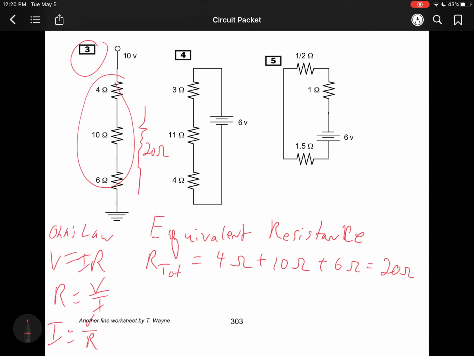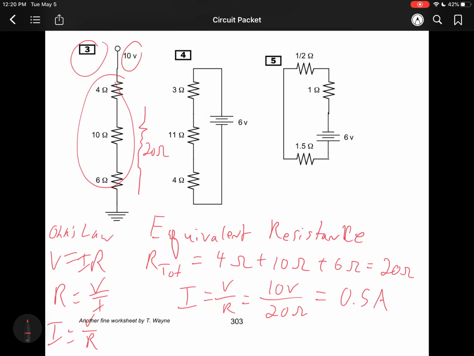So if you want to find the current through this circuit, you do I equals V divided by R. Voltage is 10 volts because it says that right there. And your resistance is 20 ohms. So that's going to be half of an amp. So half of an amp is going to be going through that circuit.